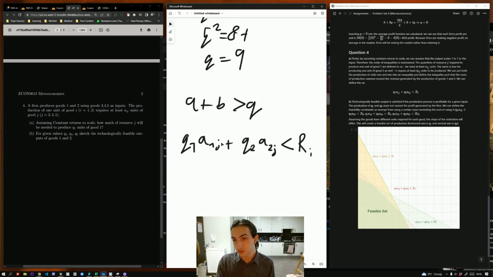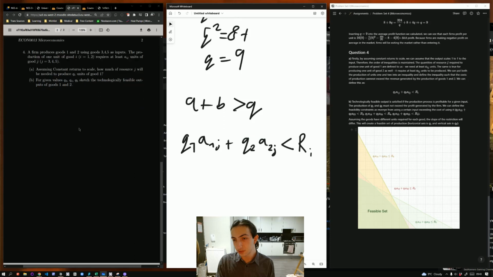And that's what I'm trying to say, that how much of resource j will be needed is exactly the amount that satisfies this inequality here, such that it's technologically feasible to produce this. Okay, so that's what I'm essentially saying.